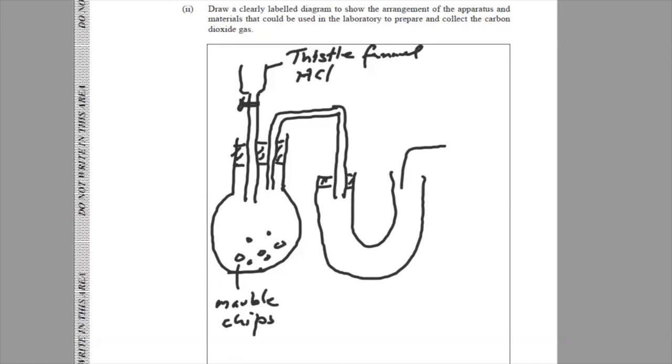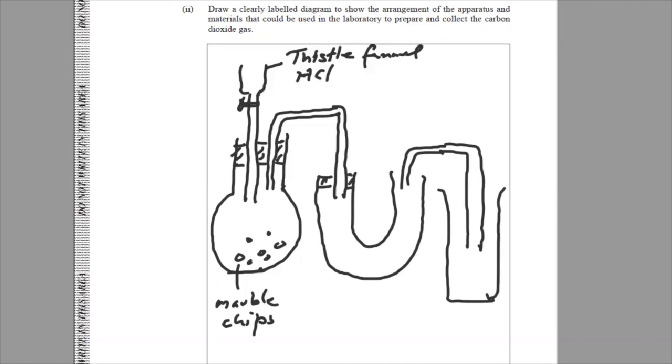Space is a bit limited for the drawing, at least based on what I'm using. So this delivery tube goes down into our gas jar. As the carbon dioxide goes down, air is displaced up. So we say it's the upward displacement of air.